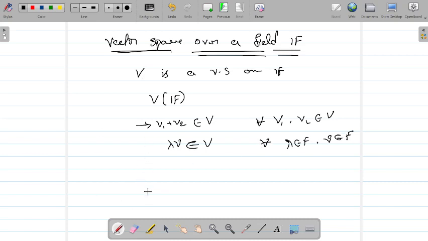And the rest of the properties are related to the addition and the scalar multiplication which is defined. The first thing we look for is associativity, and the next thing, commutativity over addition. I'm talking about the addition. Next you look for an identity, and then you look for an inverse with respect to addition.